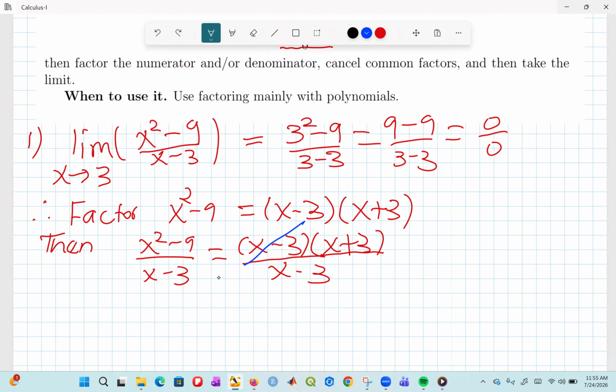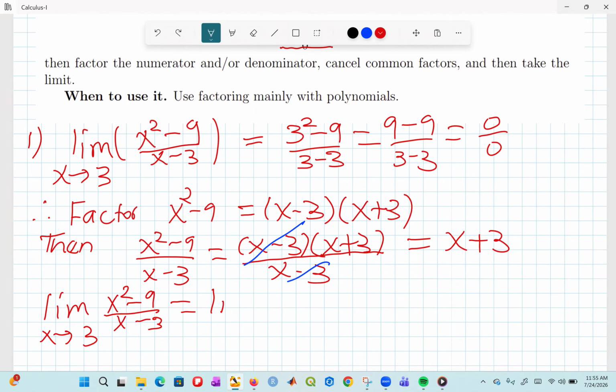We have x minus 3 with x minus 3, so this gives us x plus 3. Now, the limit of x squared minus 9 over x minus 3 as x approaches 3 is the same as the limit of x plus 3 as x approaches 3.